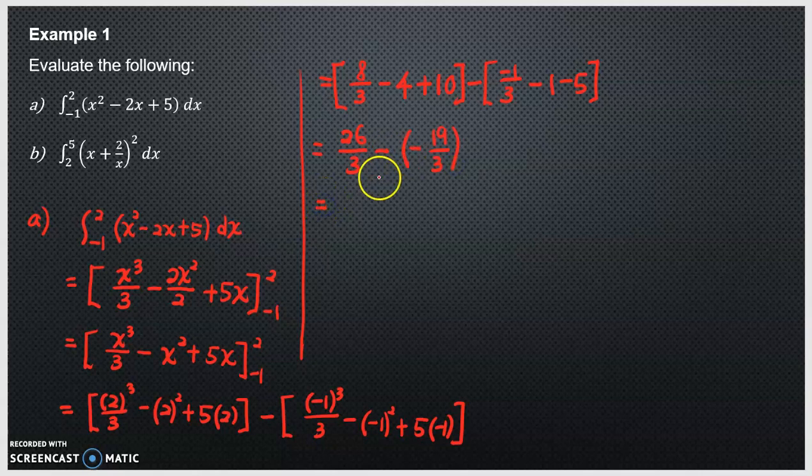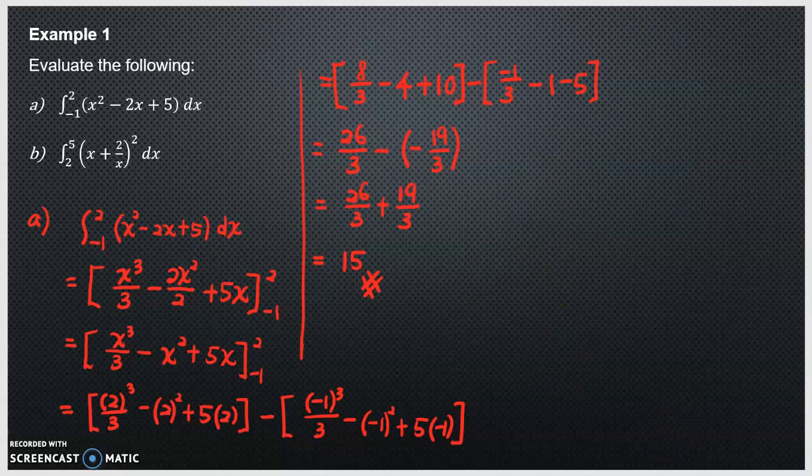Negative becomes positive, so 26 over 3 plus 19 over 3 will become 15. So here is the answer, 15.